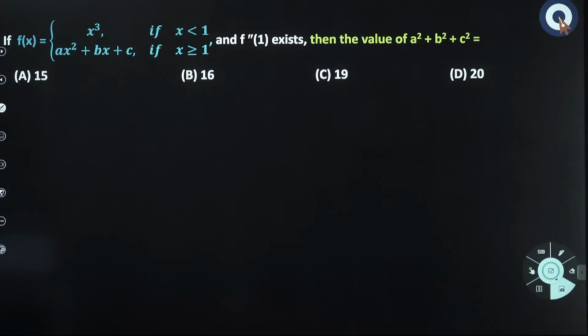Because f double dash 1 exists, what is our conclusion? f(x) will be continuous at x is equal to 1, and f dash x also should be continuous at x is equal to 1. So let us write that sentence first.